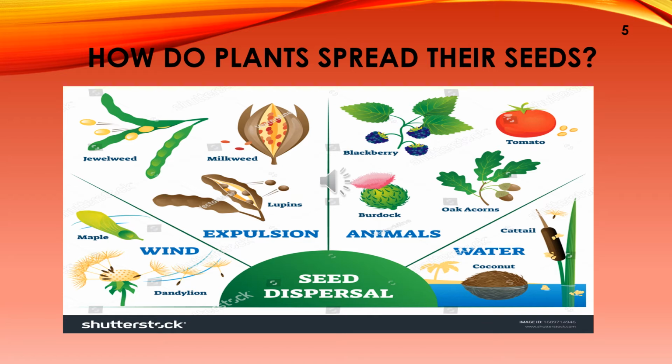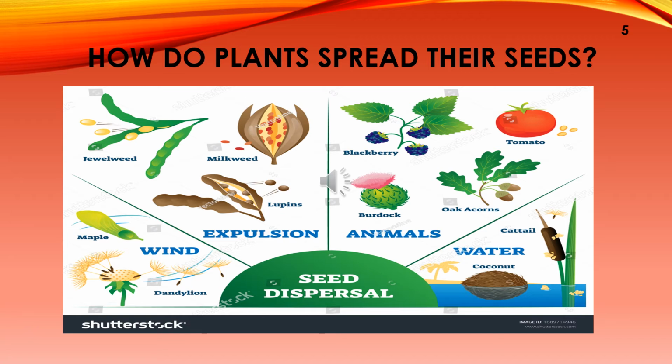Some plants have evolved ingenious forms of self-dispersal, or expulsion. Look at the picture that we have right here in our video. Expulsion. Can you see this? When the pea pod dries, it explodes. Look what happened when they explode. And the peas fly out in different directions.